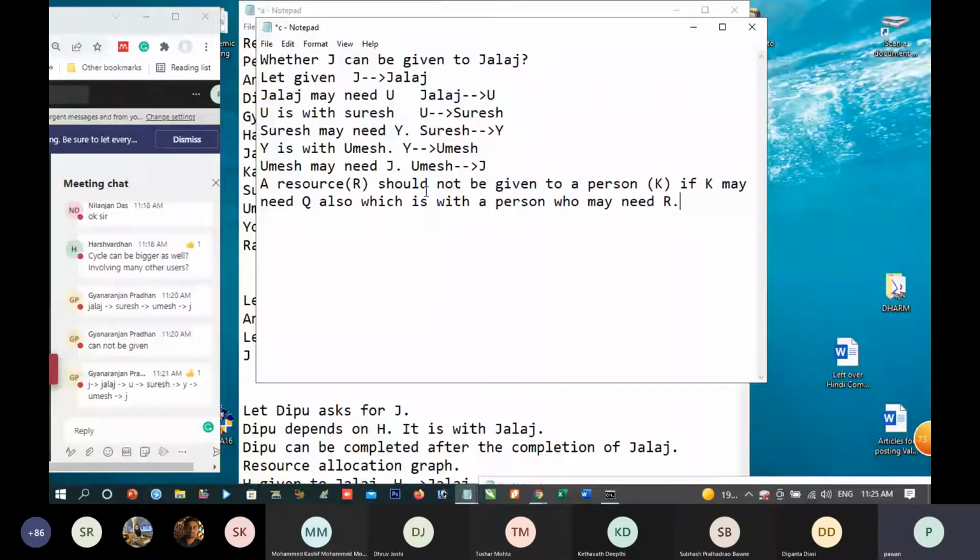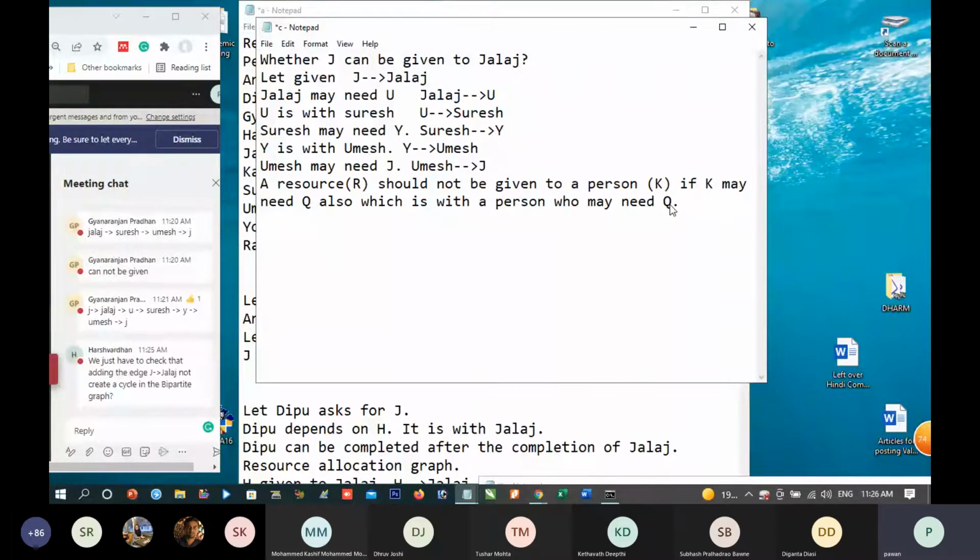Resource R should not be given to a person K if K may need Q also, which is with a person who may need Q, which is with a person who may need P. P is with a person. That is correct.